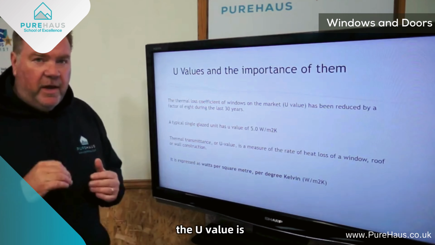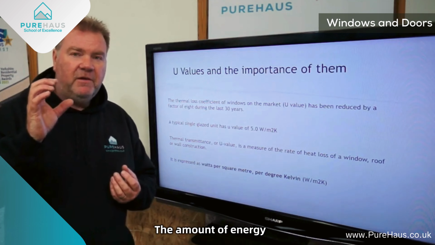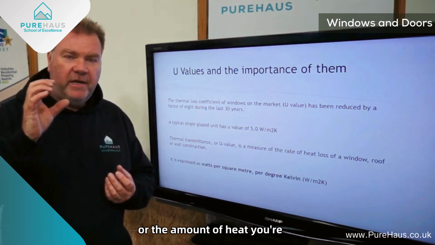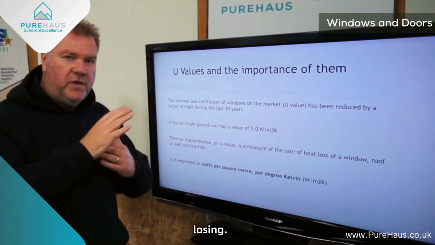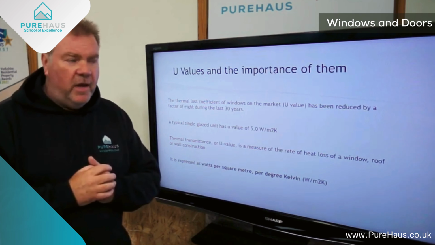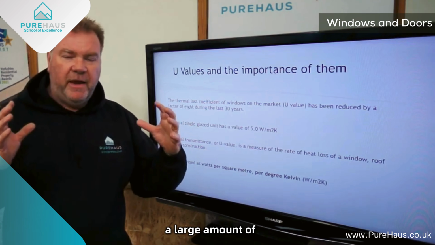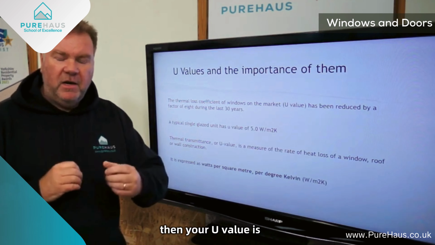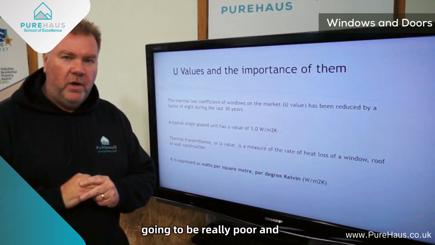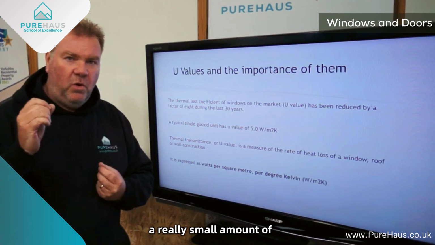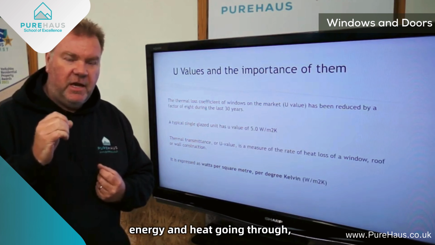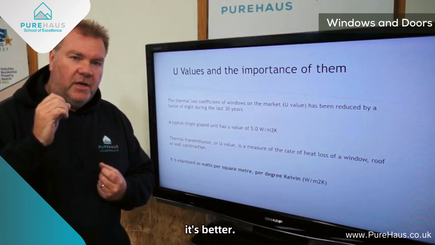The U value is the amount of energy or the amount of heat you're losing. So if you've got a large amount of heat going out, then your U value is going to be really poor. But if you've got a really small amount of energy and heat going through, it's better.